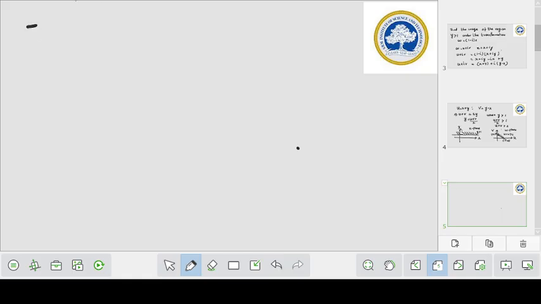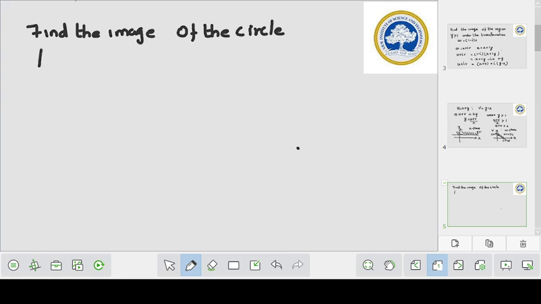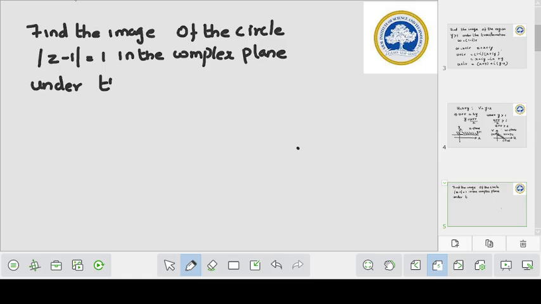Find the image of the circle modulus of z minus 1 equal to 1 in the complex plane under the mapping w equal to 1 by z.